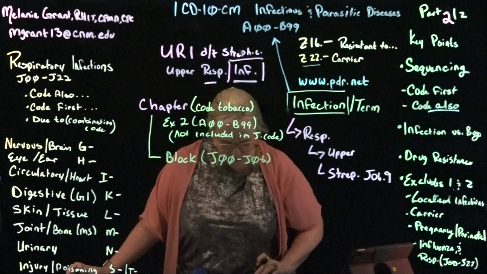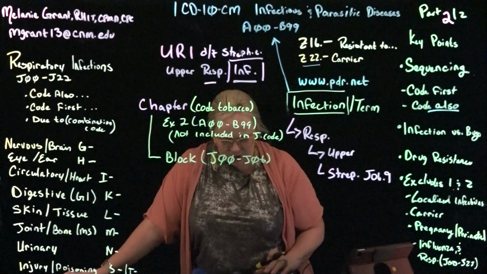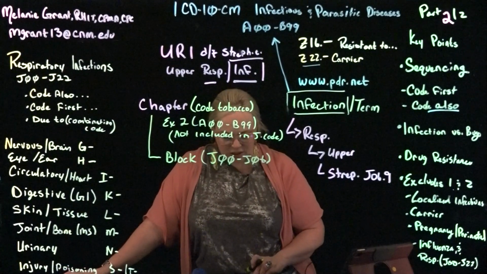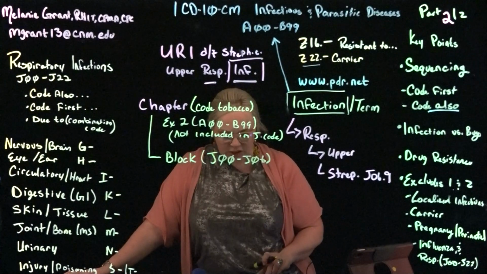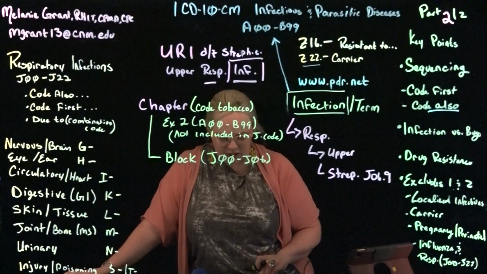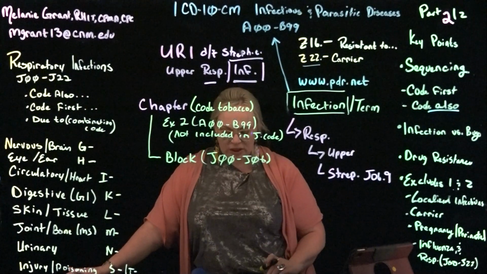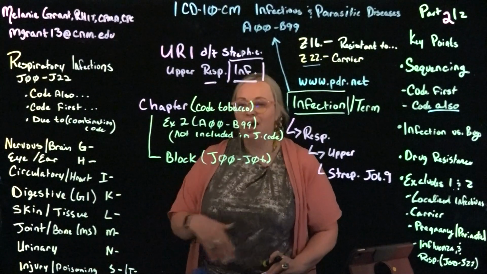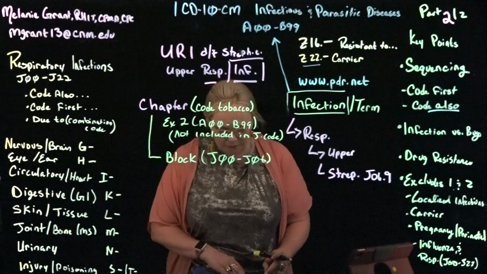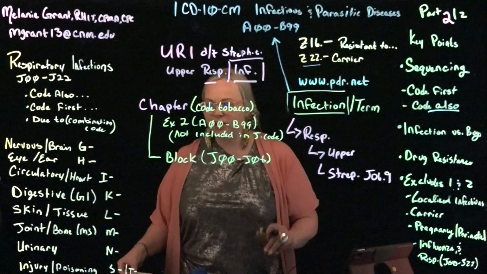And there is an excludes 1 note that excludes COPD, or chronic obstructive pulmonary disease with acute lower respiratory infections. That does not apply to us, so even though there is an excludes 1 note, I can say that's nice and move on.